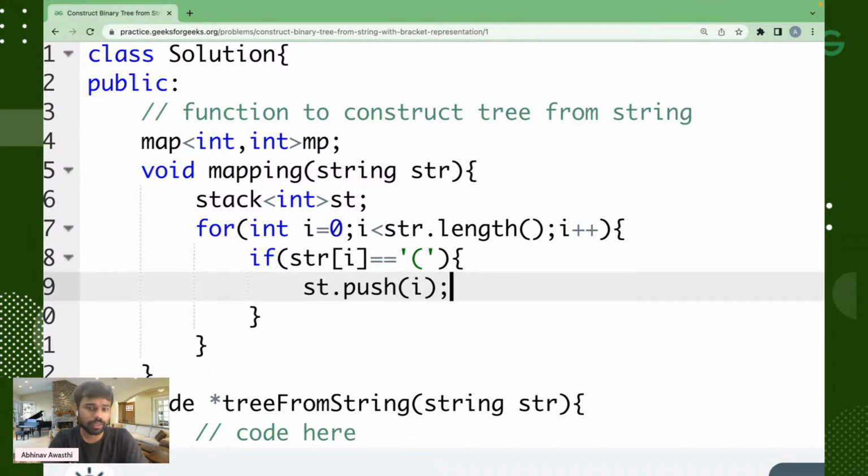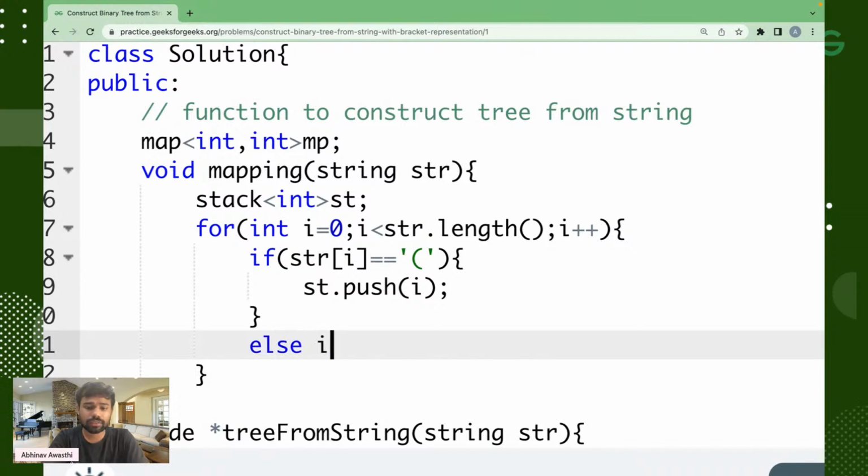This is the index of it. Else, and don't just write else, also write else if str is equal to closing, because we have numbers also here.